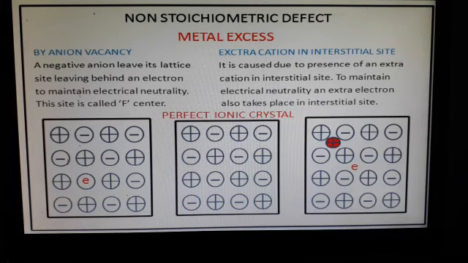Why am I saying here color producing center? Because this defect is shown by NaCl. You all know the color of common table salt or NaCl is white. But after some time you see the color of this white salt turns yellow. Why? How is it possible? Because NaCl is a crystal. In that NaCl, chlorine leaves its lattice site and leaves behind an electron to maintain electrical neutrality.